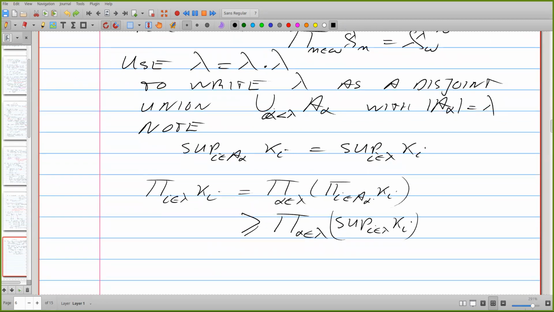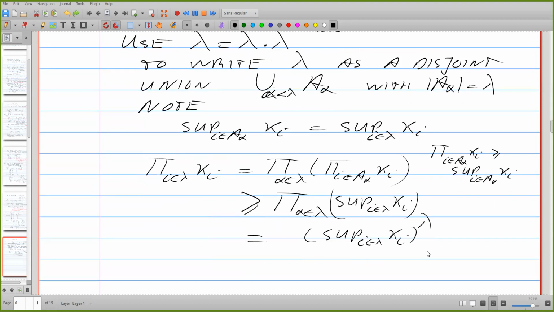Again, the product of the kappa i's is bigger than or equal to each individual kappa i. So the product is at least as big as the supremum of the kappa i's. And here we have our first inequality. The full product is at least as big as the supremum to the lambda.